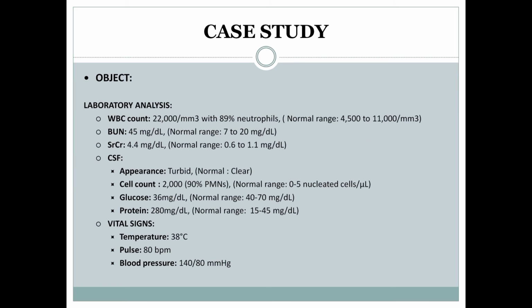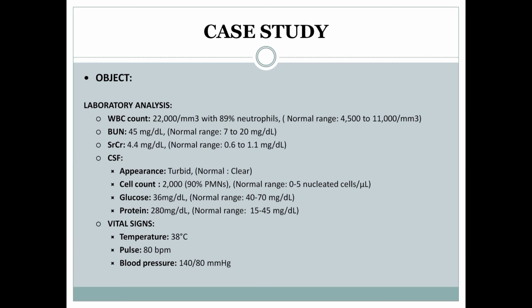Now, objective. These are the laboratory analyses, which show WBC is 22,000 per cubic millimeter, BUN is 45 mg per dL, which is more than the normal range. Serum creatinine is 4.4 mg per dL, which is more than the normal range. Now CSF shows a turbid appearance.